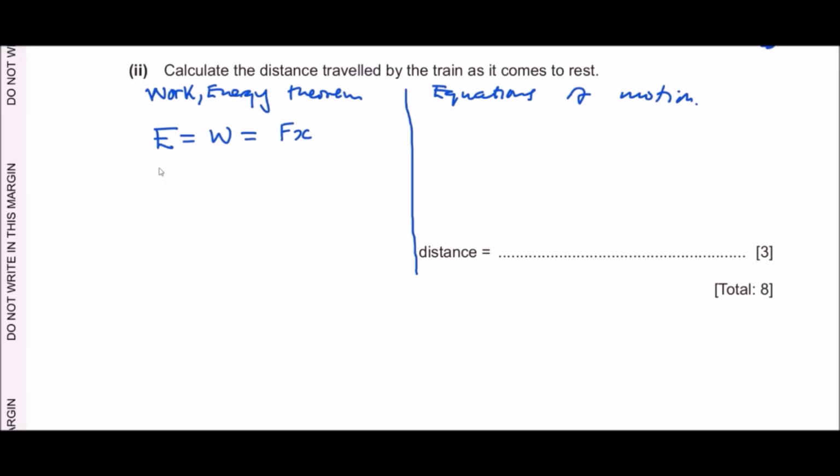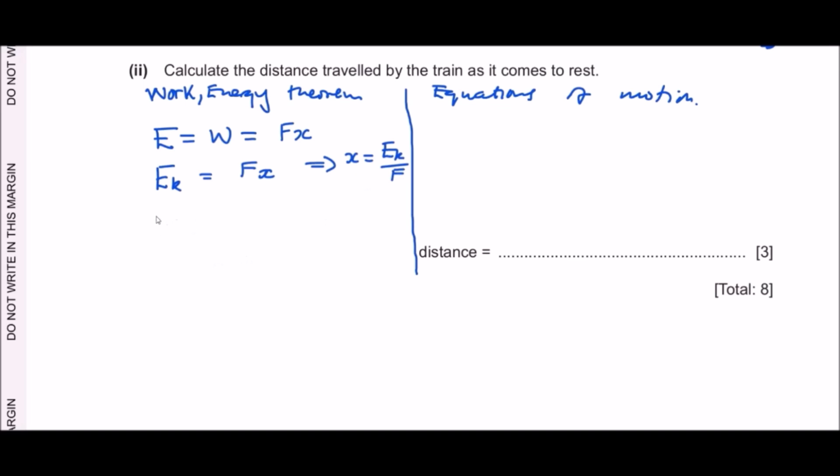So we can actually say the kinetic energy which was lost in the braking process is equivalent to the force that caused the braking times the distance moved in braking. And we want to make distance the subject of the formula. We divide both sides by F, we end up having distance is equal to kinetic energy lost over the force which was causing braking.